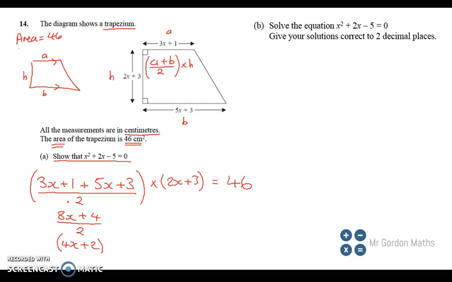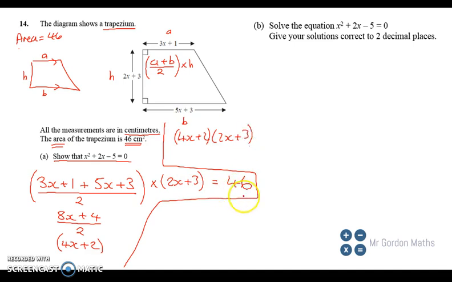Let's try and generate some space here. I'm going to block off this section for a second. I'm going to take the bit that we sorted out, the bracket. All of this boils down to 4x plus 2. So it's 4x plus 2 times this bracket here, 2x plus 3. Let's try and work out what this is before we set it to 46.